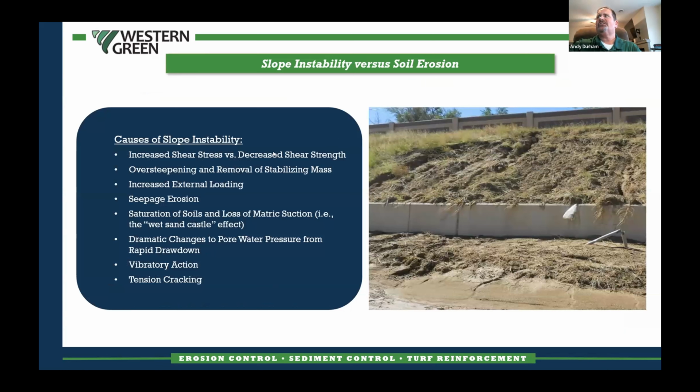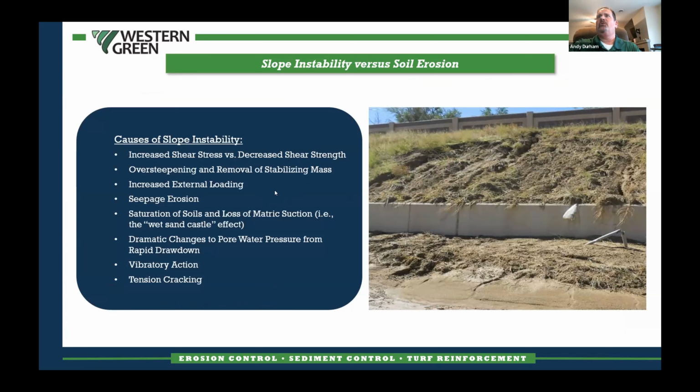What are some of the causes of slope instability? And erosion could be one of those, but really increased shear stress on the soil and decreased shear strength of the soil is going to result in a potential failure. And a lot of times it happens with oversteepening of slopes or removing some of the stabilizing mass of soil.